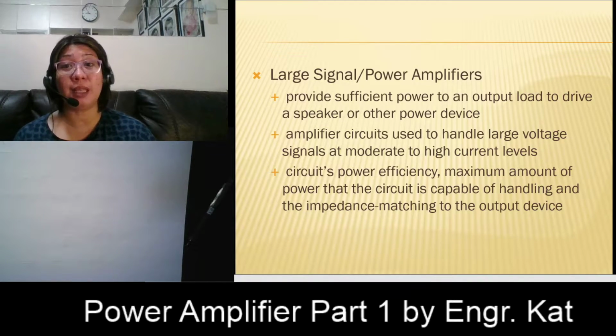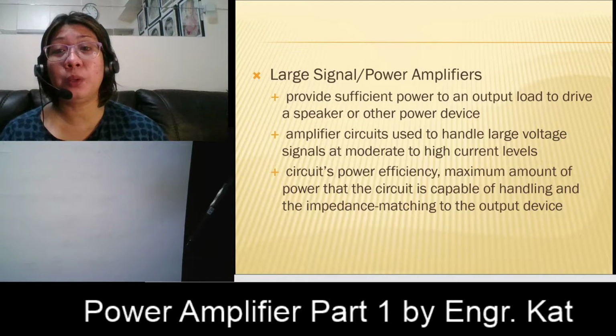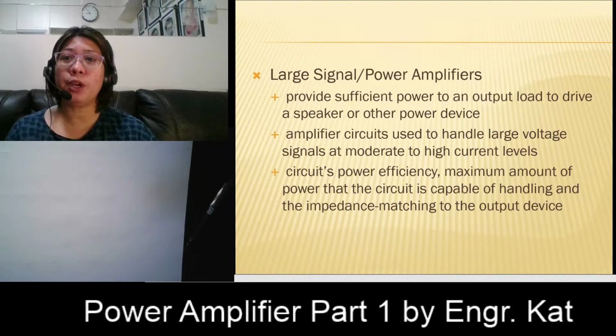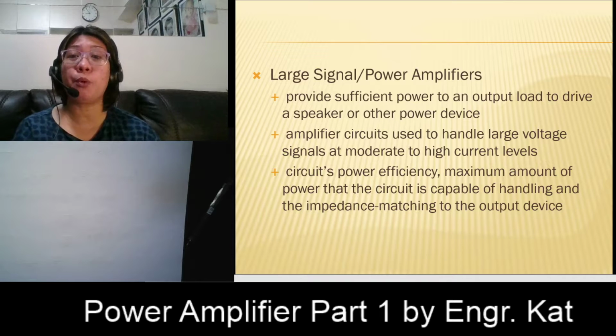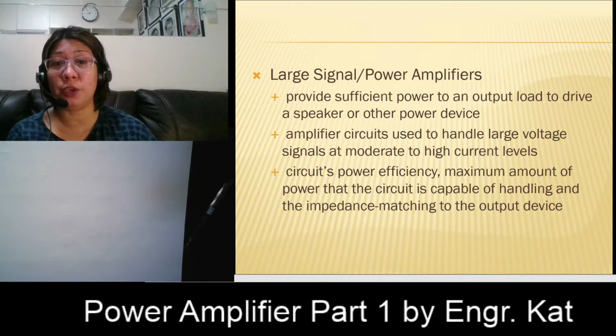In this type of discussion, we will be having additional parameters that were not discussed in our previous videos. What are those? We are now concerned with the circuit's power efficiency, which we will define later.